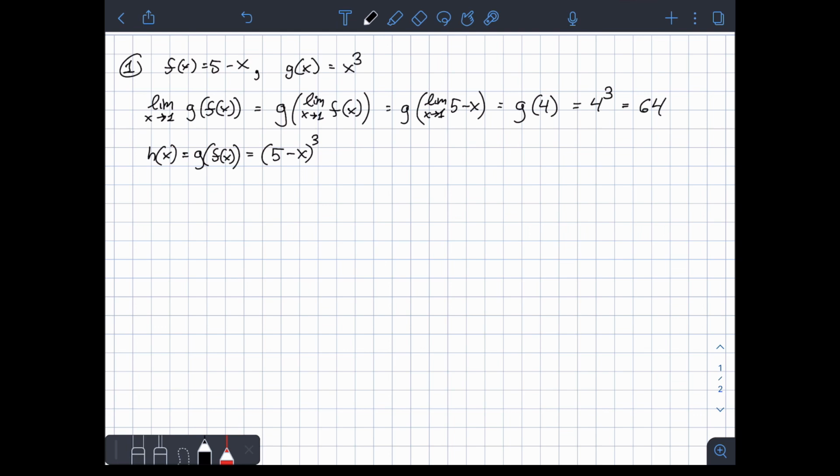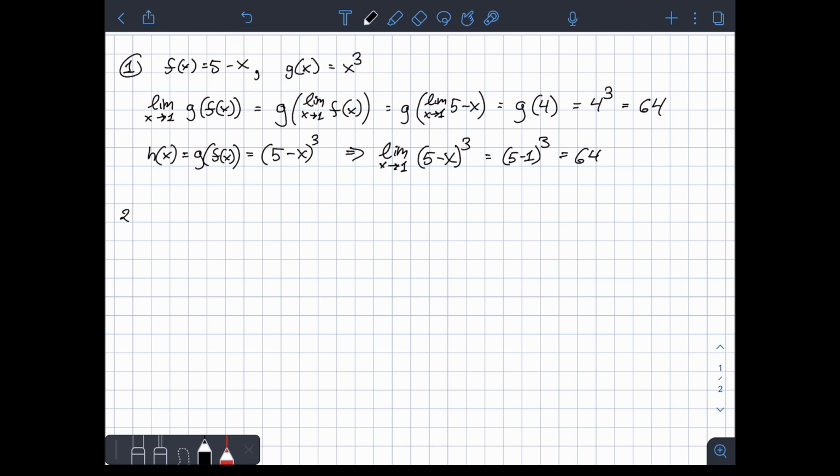And if you then take the limit as x approaches 1 of 5 minus x cubed by direct substitution, you get 5 minus 1 cubed, which again is equal to 64. This kind of shows you why the previous rule is true. It's pretty intuitive, makes a lot of sense.